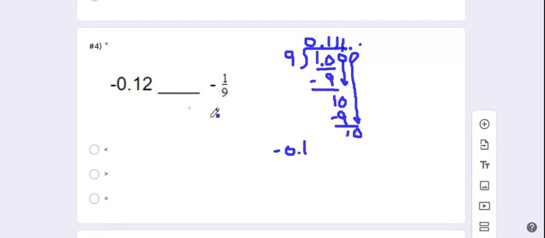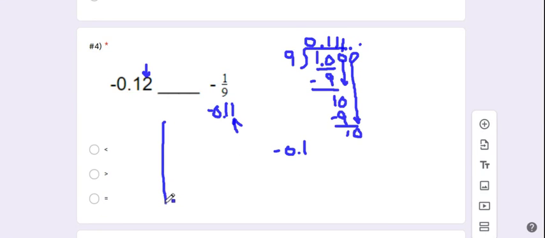So when comparing these two, I have negative 0.12, and I could say negative 0.11. I really only need two digits after the decimal when taking a fraction to a decimal, because I'm comparing basically this digit in the hundredths place to that digit in the hundredths place.